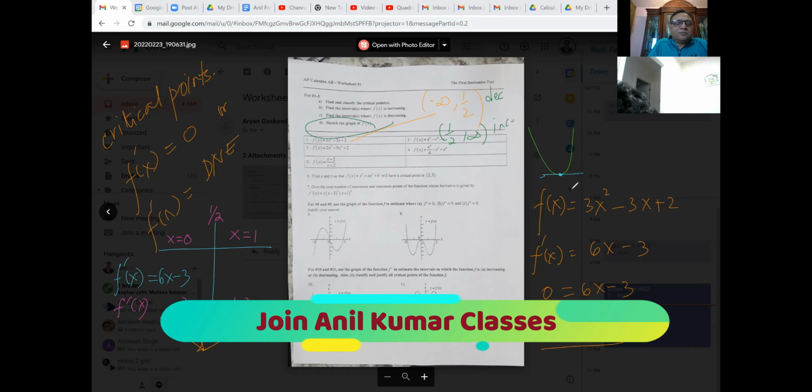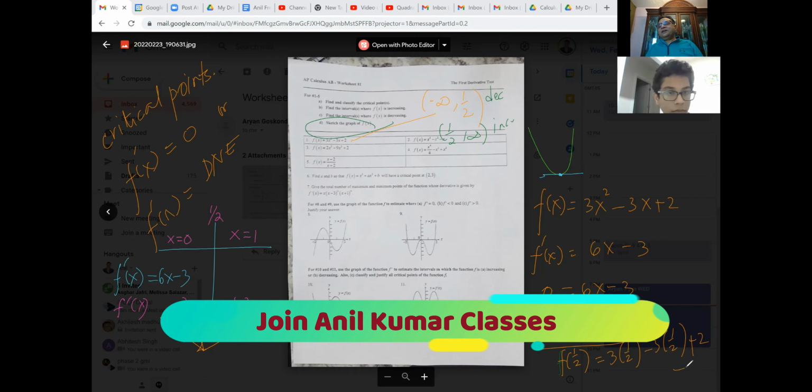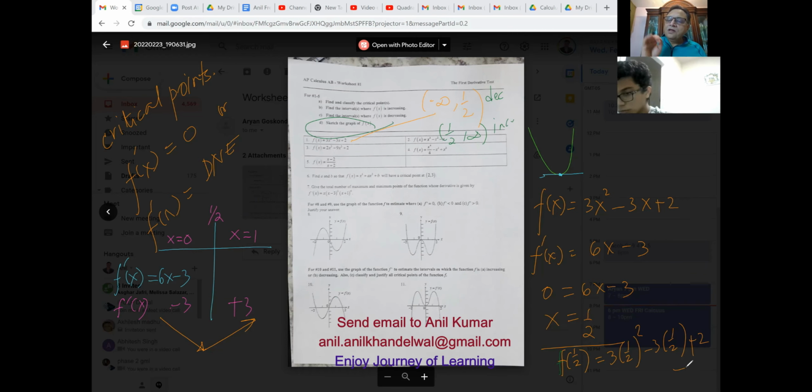Because we know this particular point, which is the turning point. Just plug in half here, get the y value. So you can easily sketch the graph. Is that okay? So that is how we could actually analyze the critical points and sketch the graph.